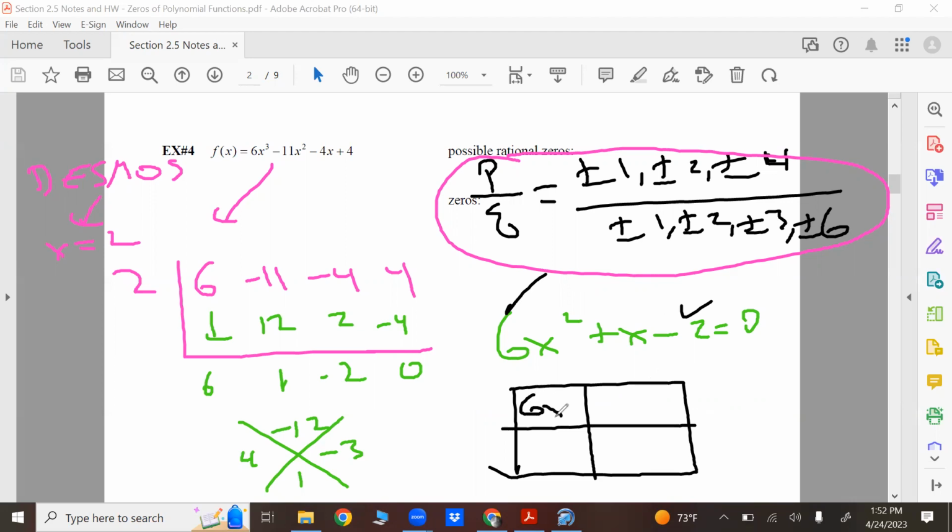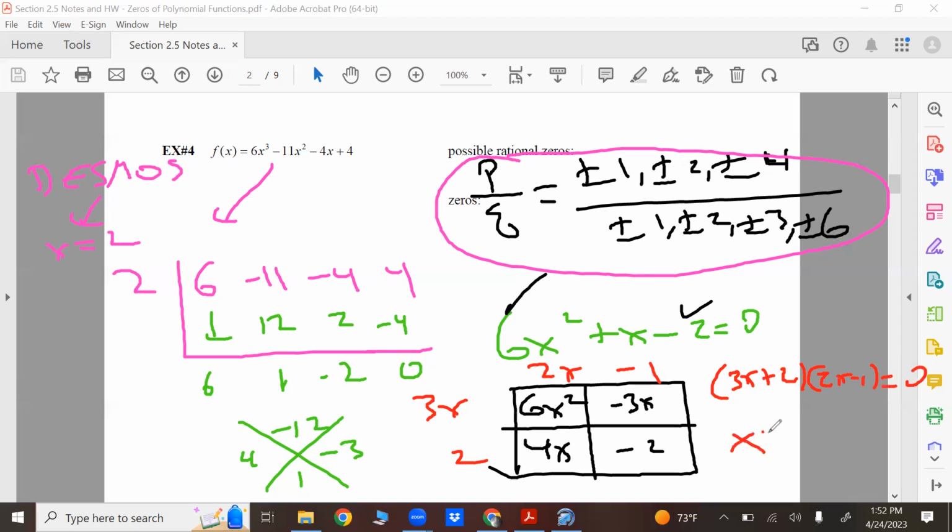So here I'm going to put 6x squared and -2. I'm going to put 4x and -3x because that's how I broke apart the middle term. And then I could factor out a 3x and a 2, and a 2x and -1. When I taught algebra 1, this is exactly how I taught factoring. So that's the box method.